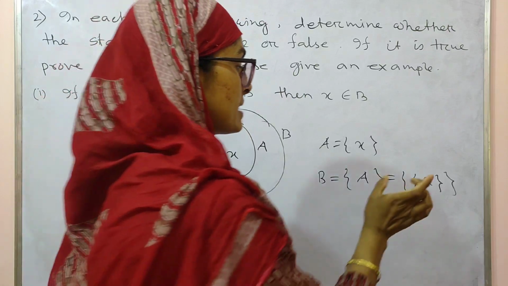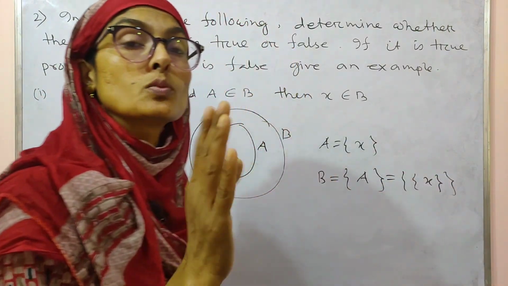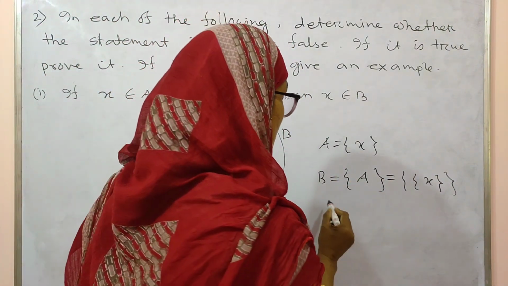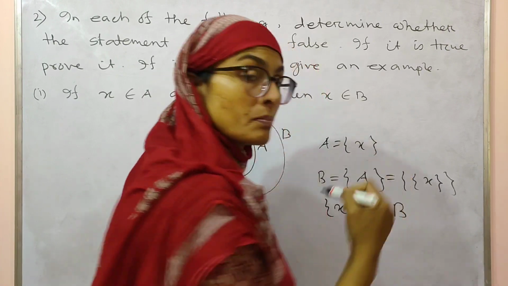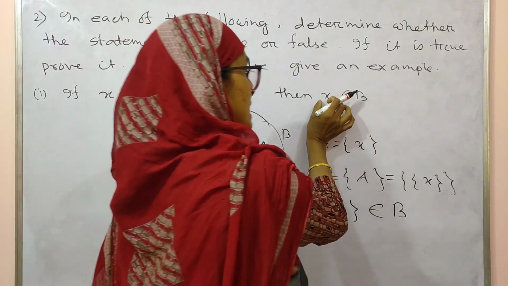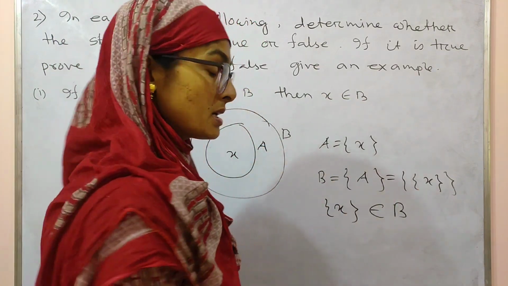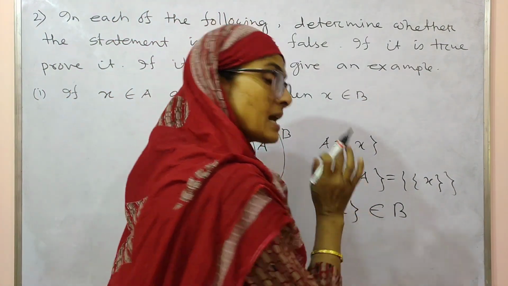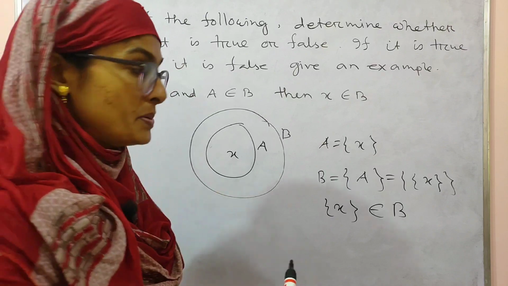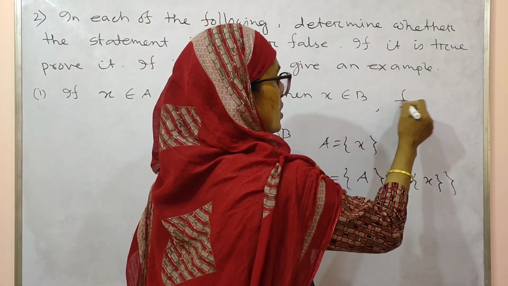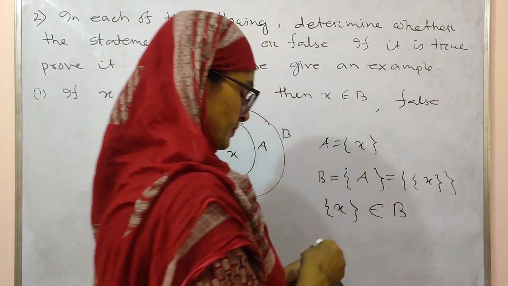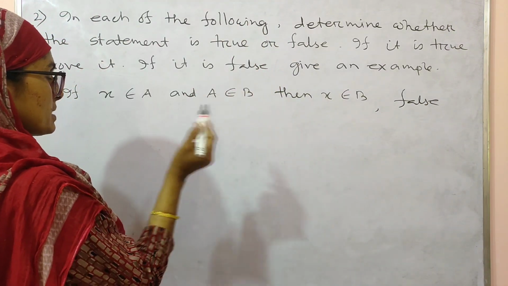No, the element x does not belong to B. This set belongs to B, but the element x does not belong to B; only the set having the element x belongs to B. So this one is false. You have to write false. For example, you have to give an example.